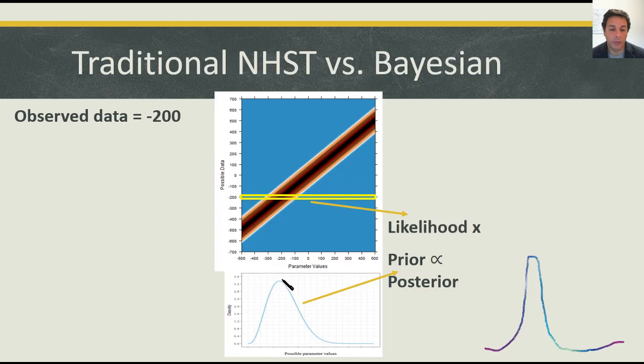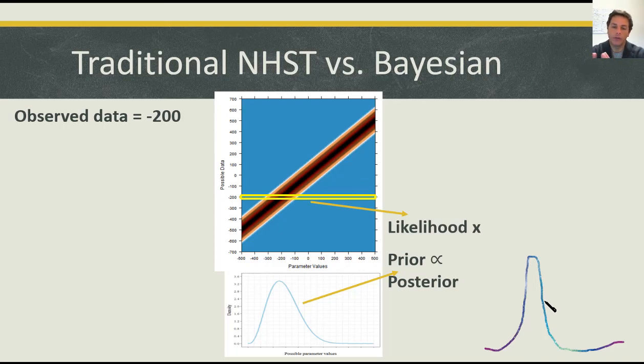So let's say we started with this prior and these values for likelihood, that when we observe that the data is negative 200, this becomes the likelihood. So when I multiply these values times these values here, that gives me a new distribution. And the distribution will be similar to this, but with a peak at negative 200.